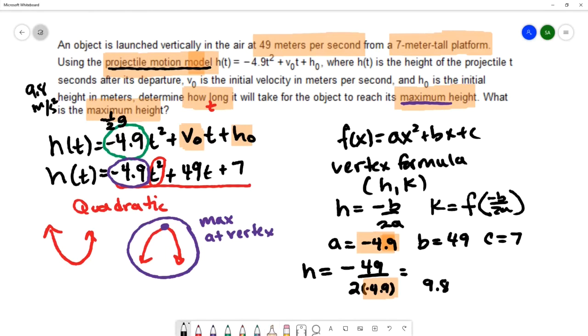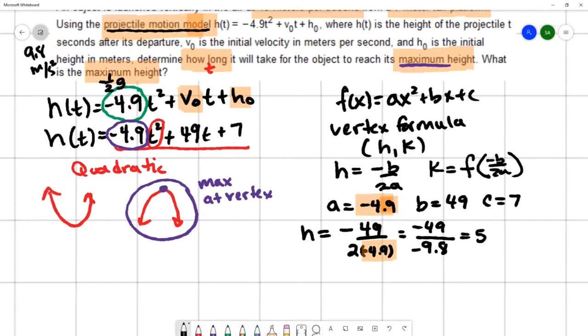So this should be negative, and negative divided by negative is a positive. 2 times negative 4.9 is negative 9.8. And then we want to do negative 49 divided by negative 9.8, and that gives us 5. So we get the x-coordinate of the vertex to be 5.